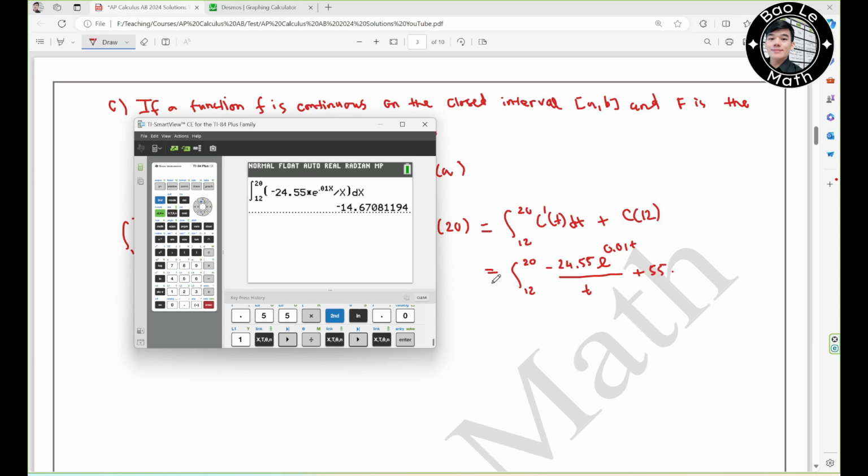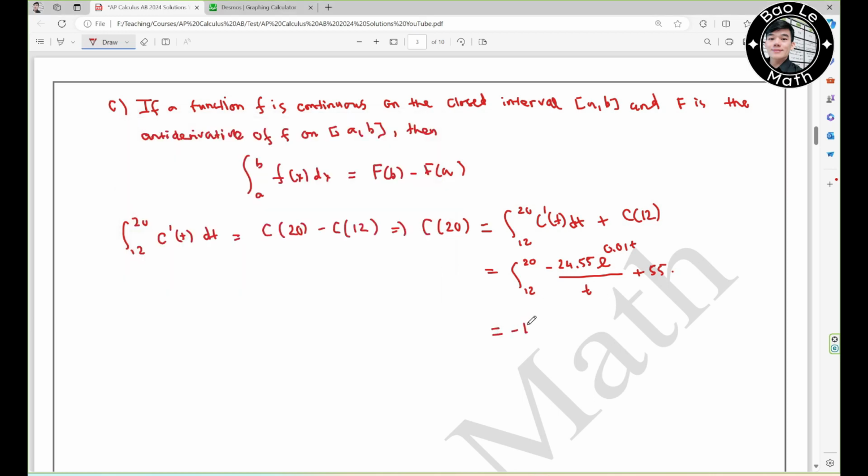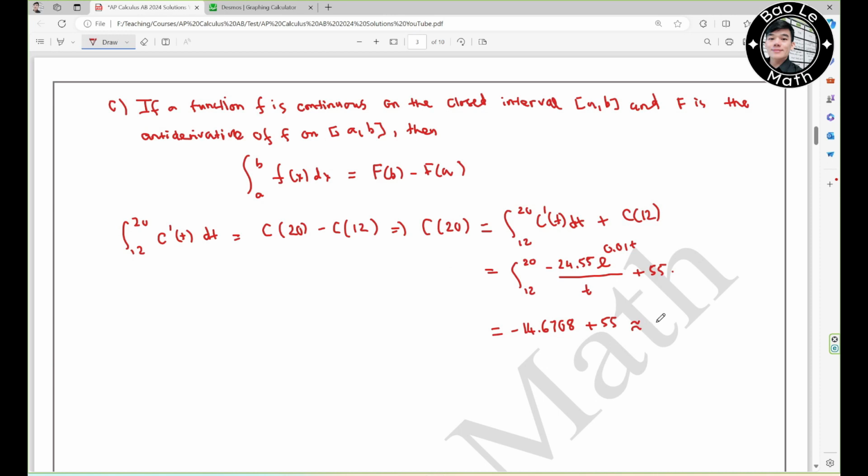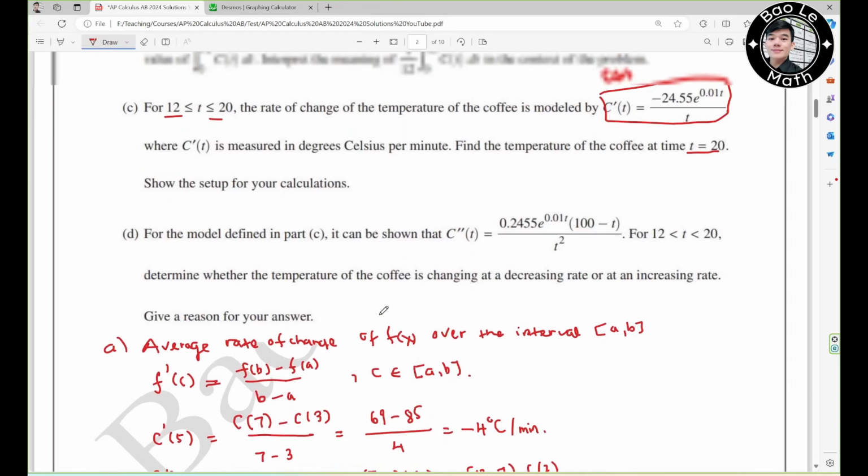Enter. It's going to be negative 14.6708. So negative 14.6708 plus 55 is 40.3292. So it's approximately 40.3292 degrees Celsius. Alright, let's move on to question D.